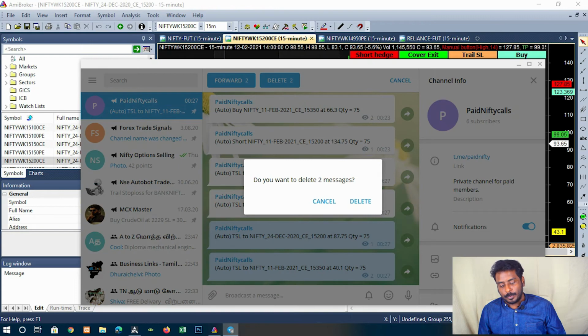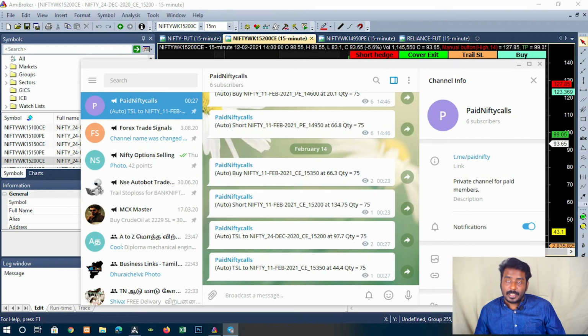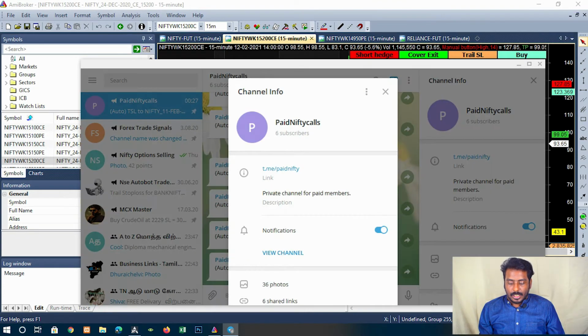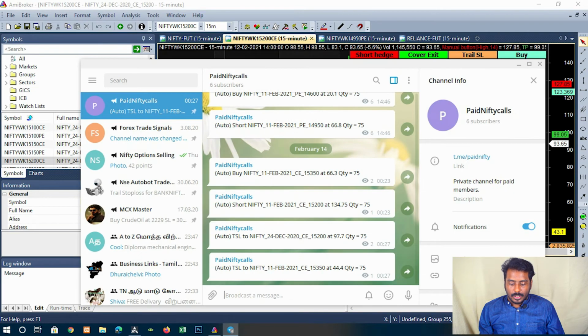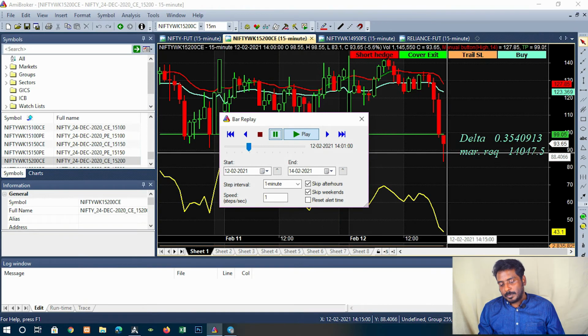So what my bot will do is, I have already kept the stop loss at 160 rupees, right? That 160 rupees stop loss will be automatically trailed to 97 rupees 70 paise. It's not actually trailing, it will actually exit here. This one will be exited. So it goes and hits my target.